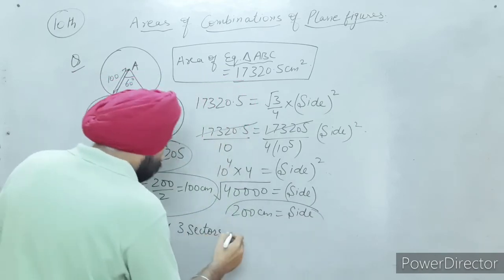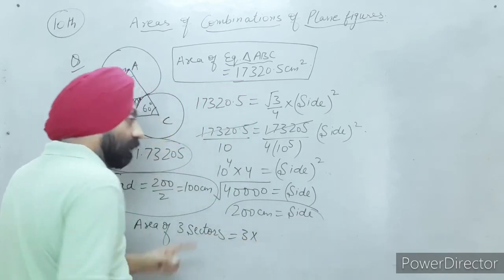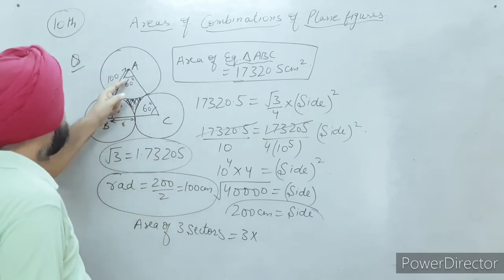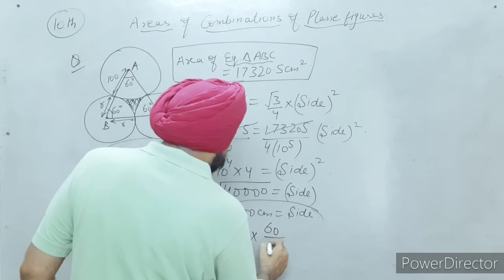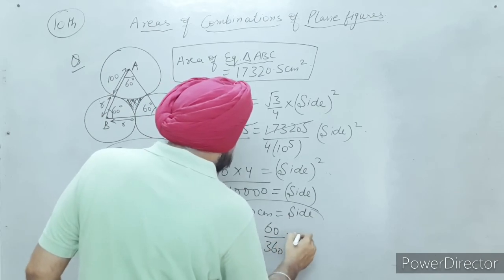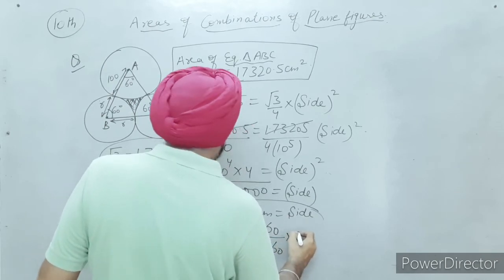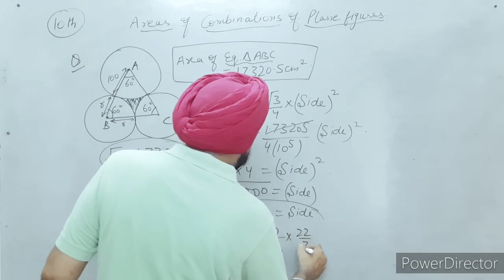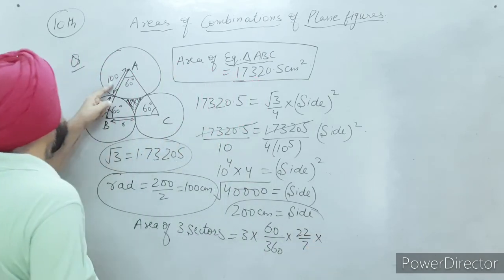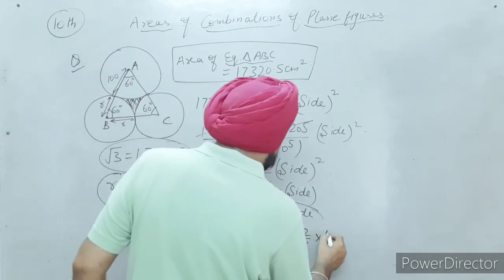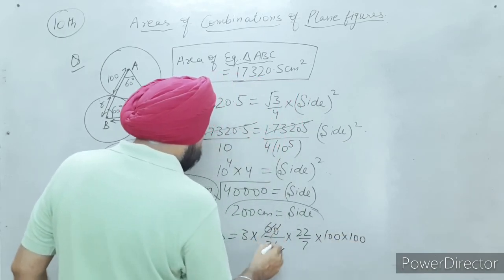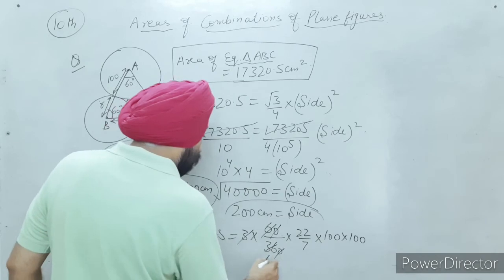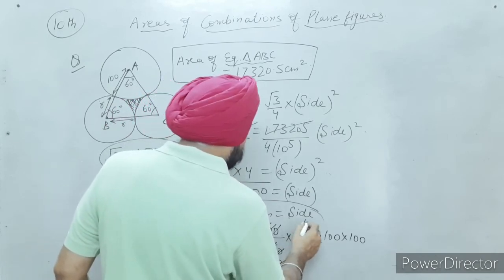This is 3 multiplied by the area of one sector, which is theta, that is 60 degrees, upon 360 into pi, that is 22 by 7, into radius squared, where radius is 100, that is 100 multiplied by 100. This and this cancel, 6, 3 and 2, this becomes 11.